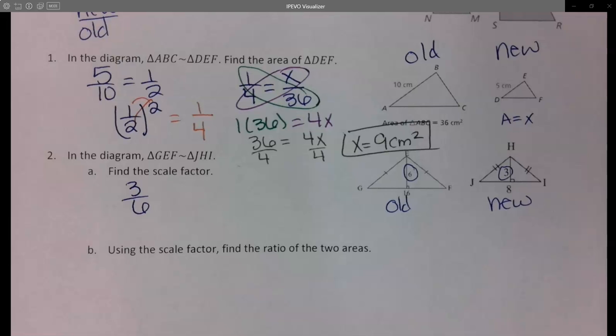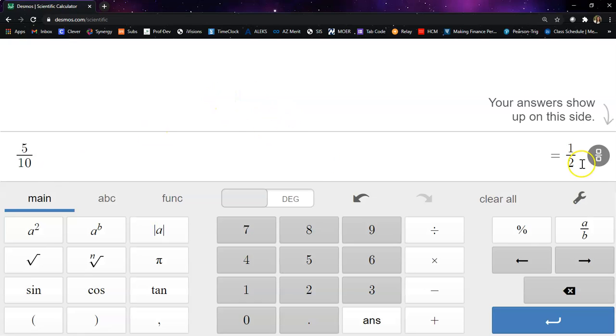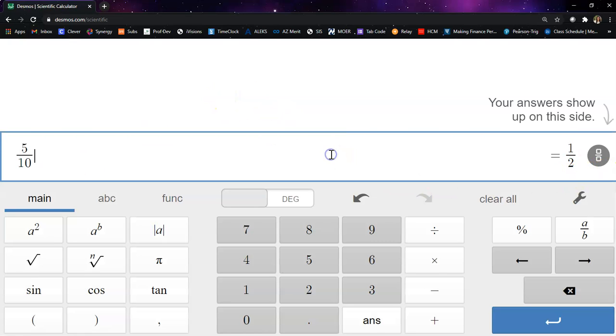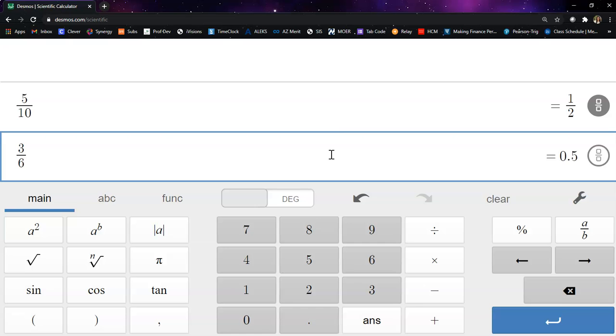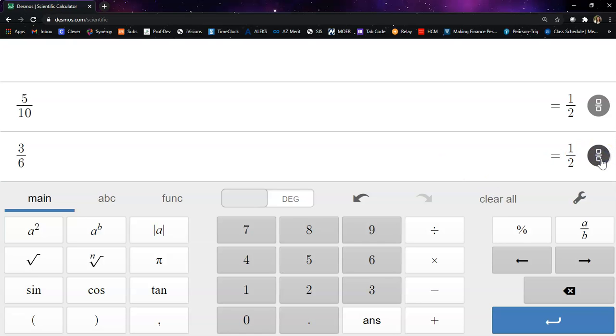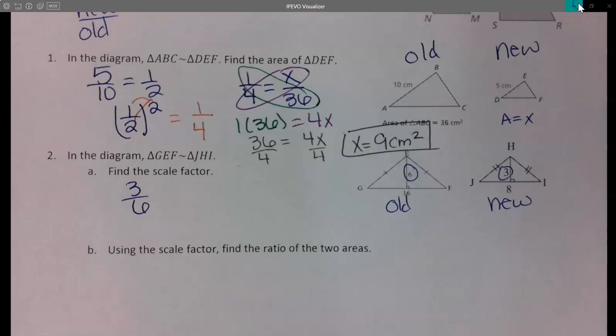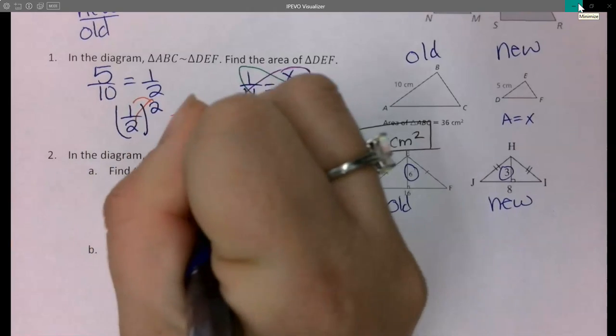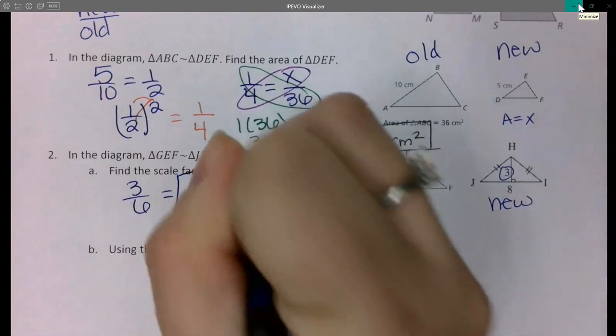Then I want to go to Desmos to simplify my ratio, which, if I turn it back into a fraction, is 1/2. So this is my scale factor.